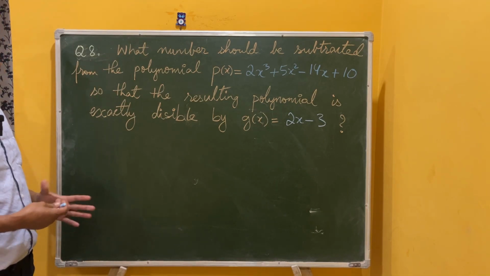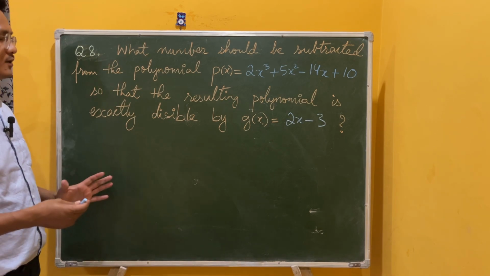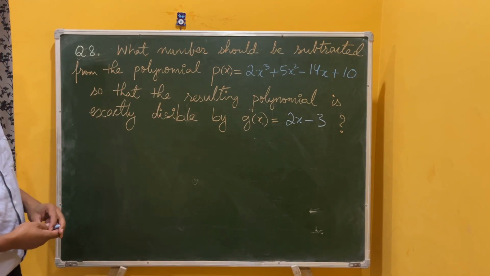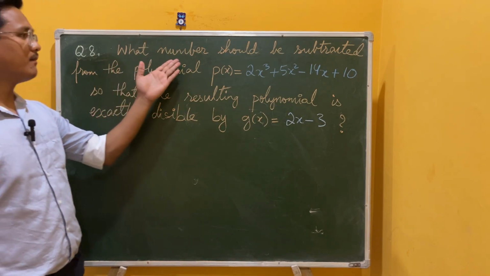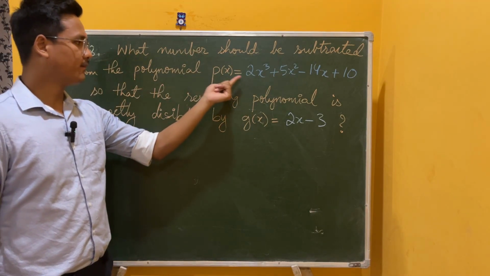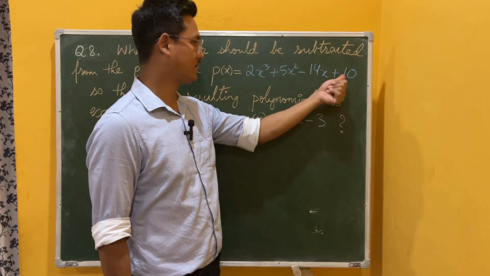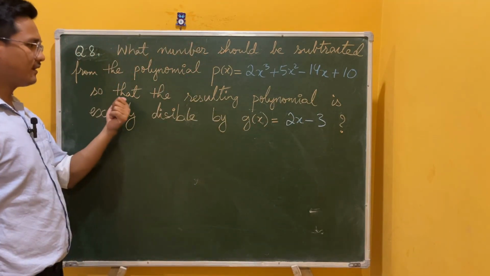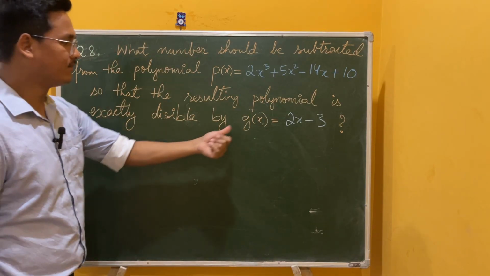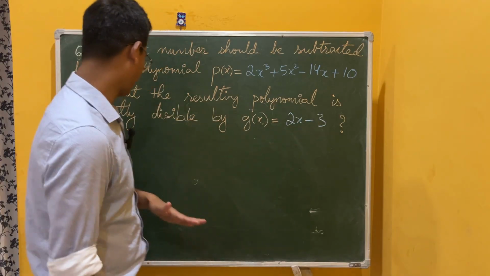All right, this is our last question, of a different kind from this topic, remainder and factor theorem. It says, what number should be subtracted from the polynomial 2x cubed plus 5x squared minus 14x plus 10 so that the resulting polynomial is exactly divisible by g(x), which is 2x minus 3.